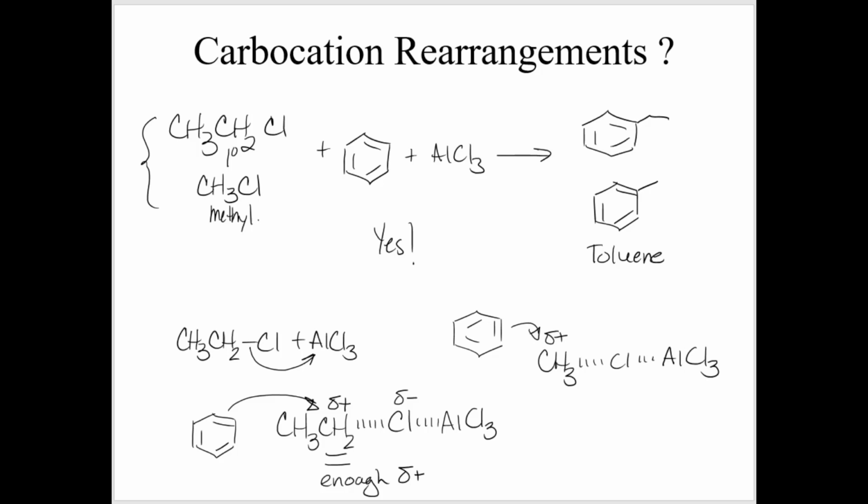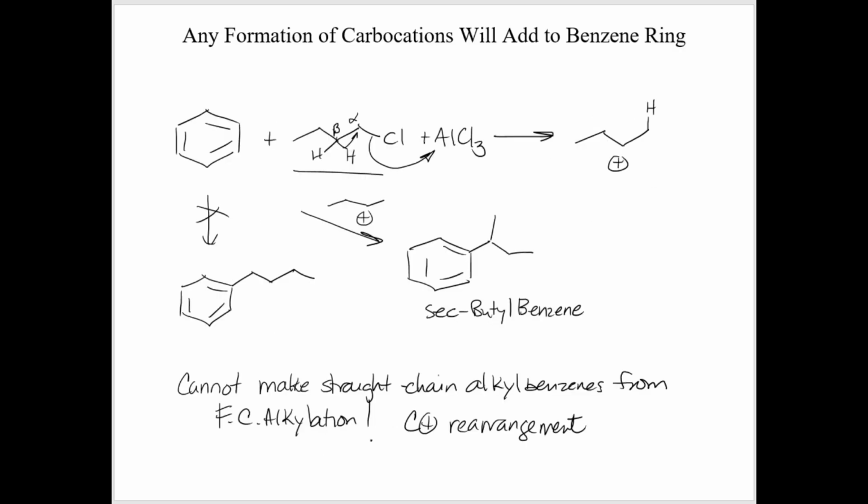On the other hand, if I'm taking my primary system, as the carbon-chlorine bond gets stretched out, then the hydride can shift because it's there to be able to shift.